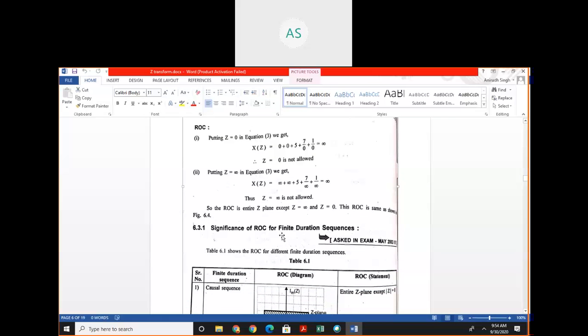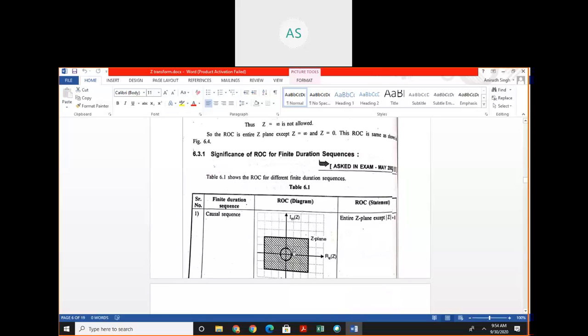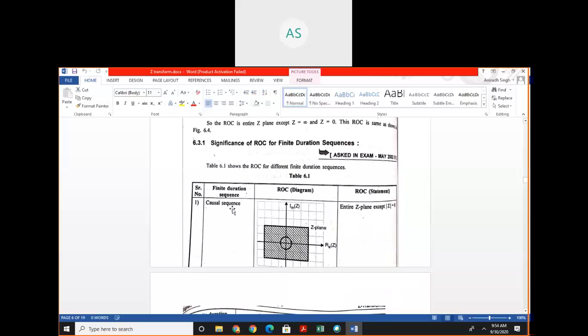Similarly, when we place z equal to infinite, we get the value of x of z infinite. So z equal to infinite is also not allowed. ROC is entire plane except z equal to infinite and z equal to 0.